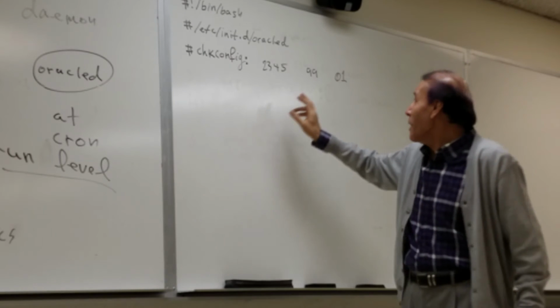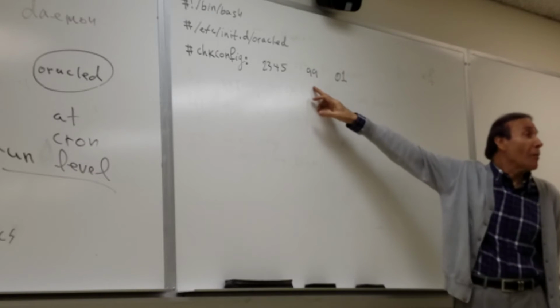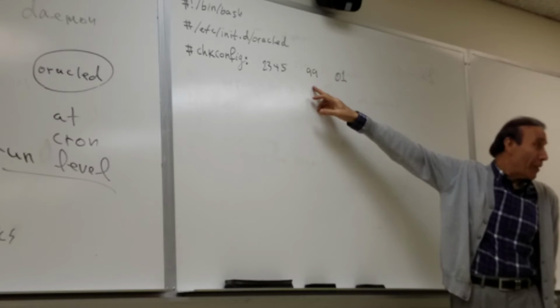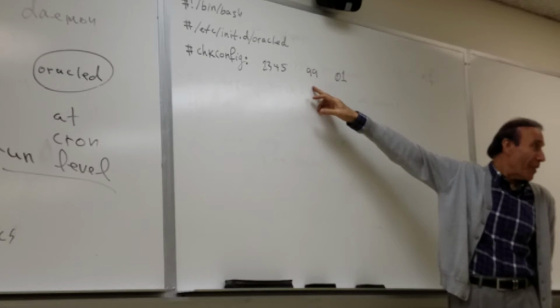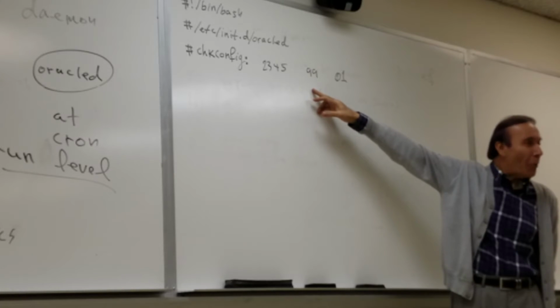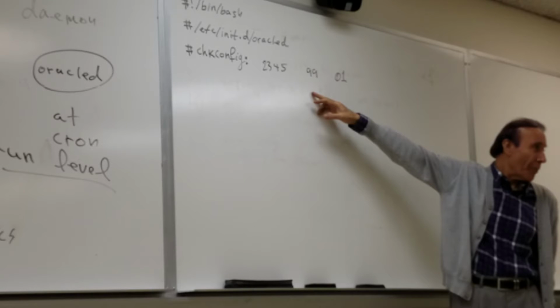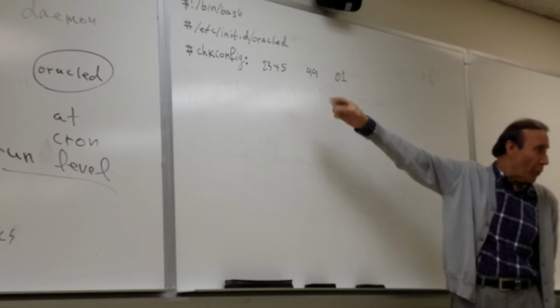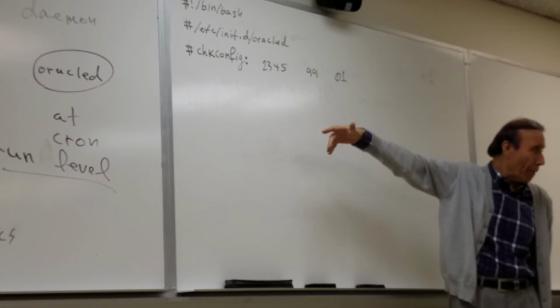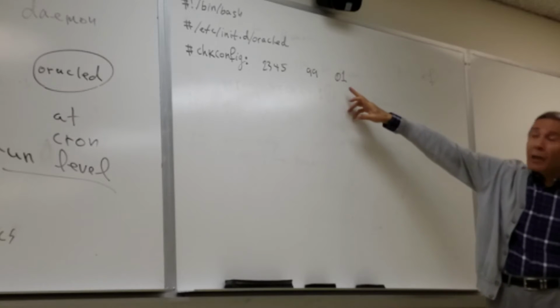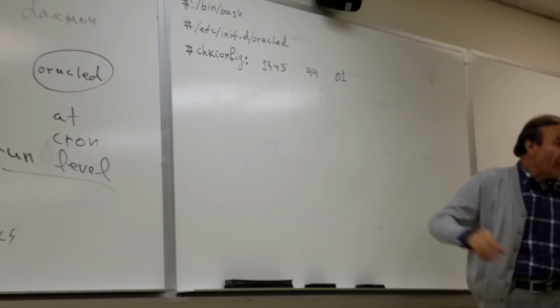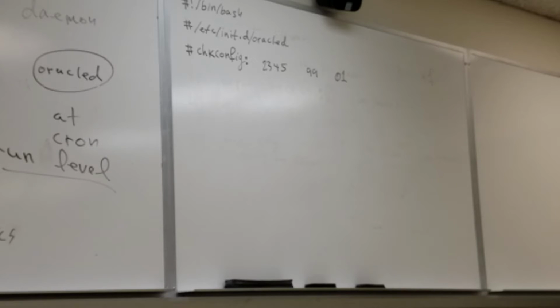So it means this is going to be the 99th daemon to come up, right? Following? It means almost the very last daemon that's going to come up, okay? Because before that, there should be some others, okay? 01 is the priority for shutdown, okay?